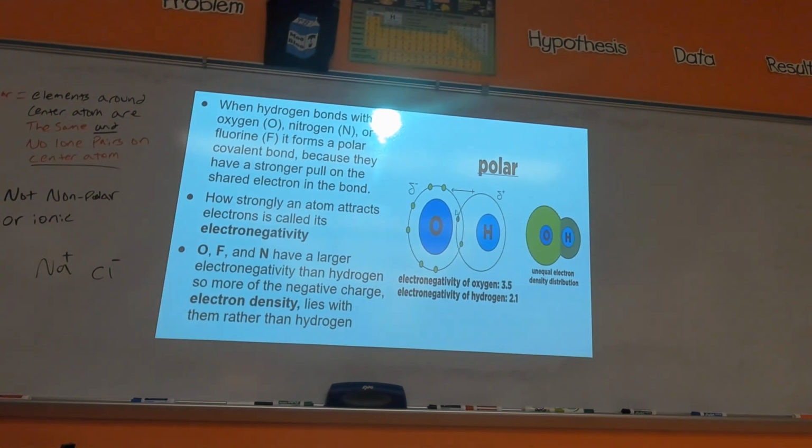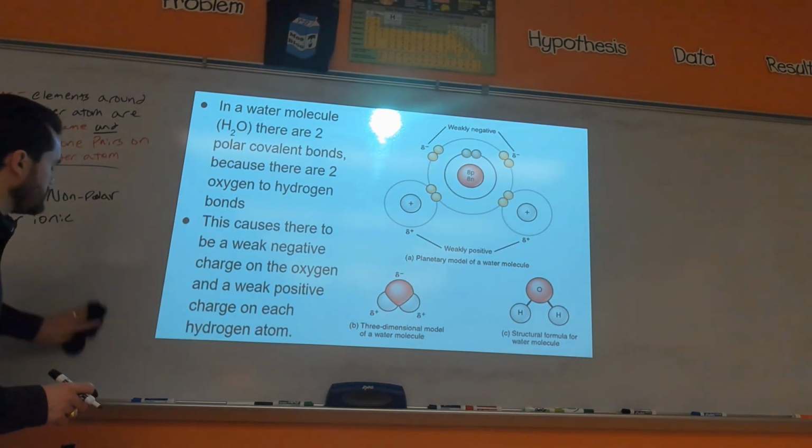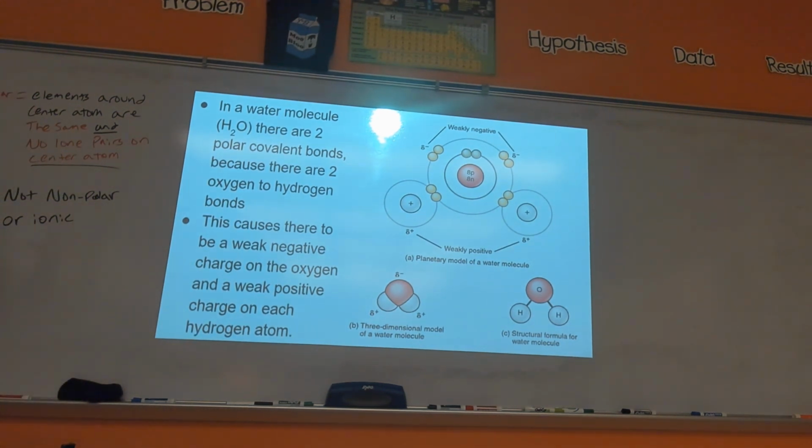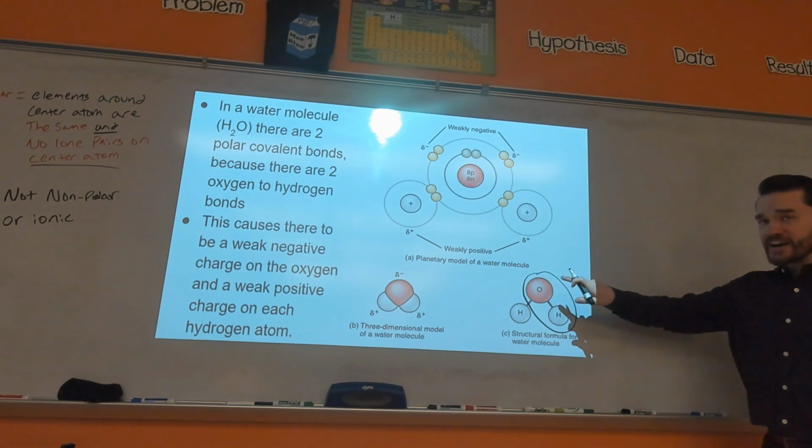Okay, so thinking about the whole molecule level of things, if we look at water, water is H2O. There is one oxygen atom bonded to two hydrogen atoms. On the last slide, we isolated one of these oxygen to hydrogen bonds.